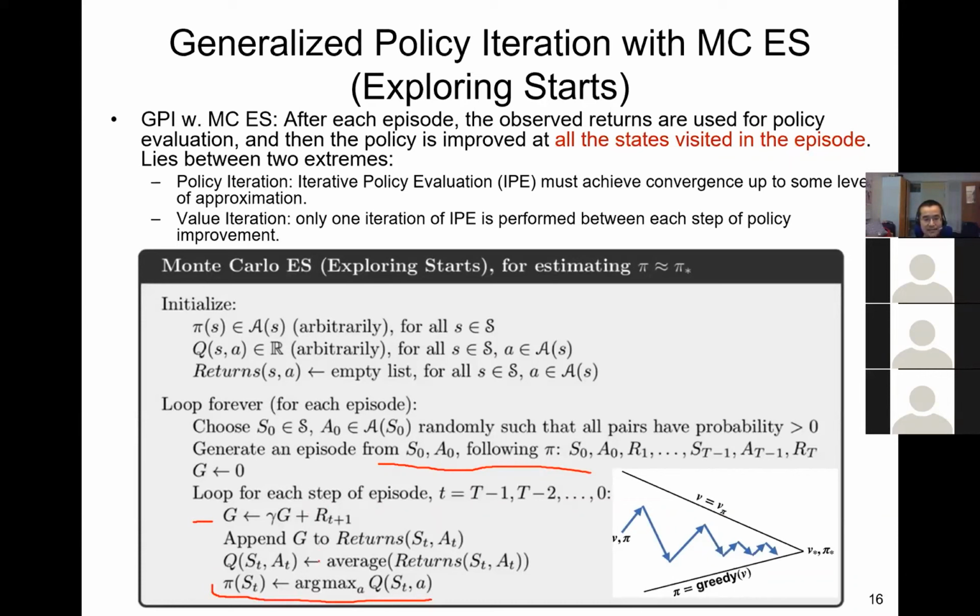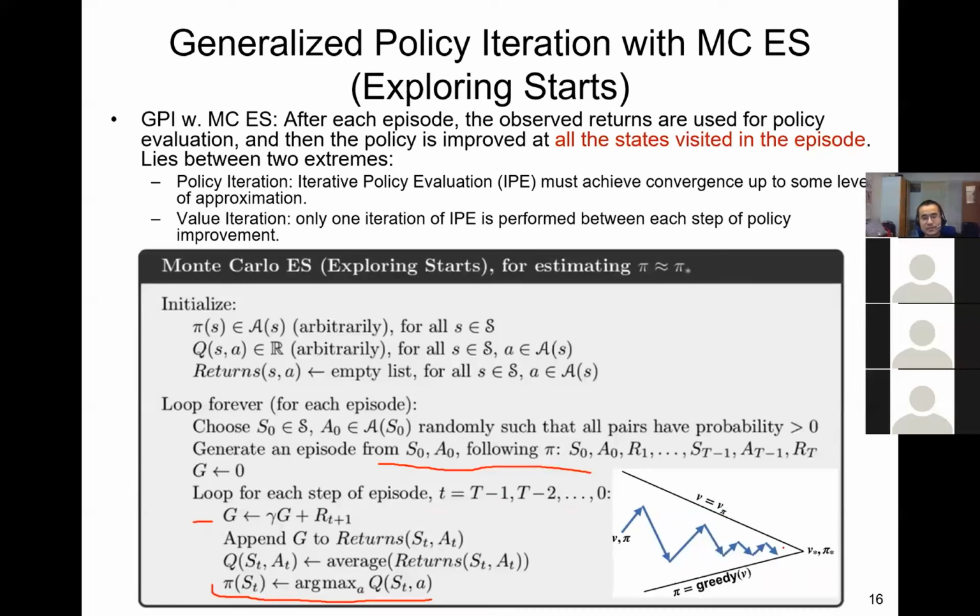So that's not evaluating Q to convergence. That's more like this. You are doing it very fast: one step compute update of Q, and one step argmax over the new Q. So it lies between two extremes.